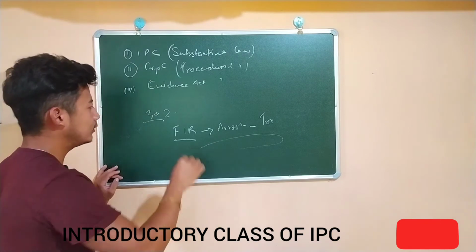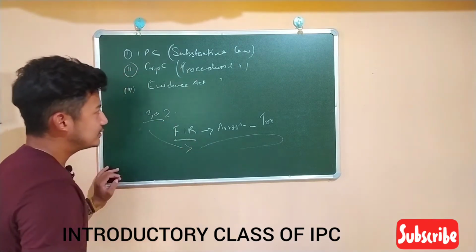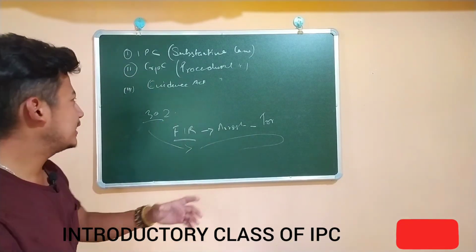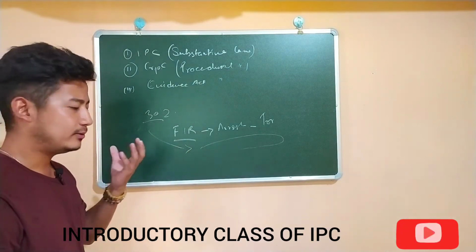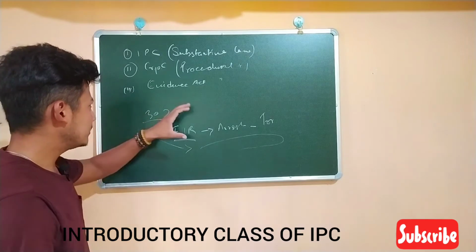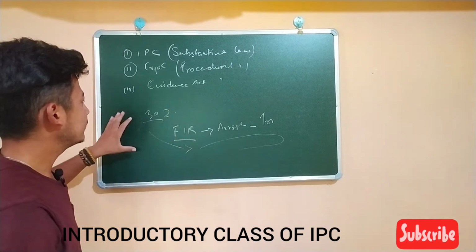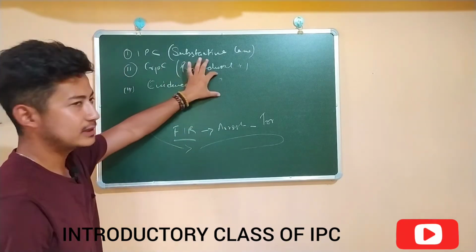During the hearing, the court will ask for evidence. So what is the procedure for producing evidence, and how should evidence be collected from the parties to the dispute? Everything will be covered under the Evidence Act, okay?